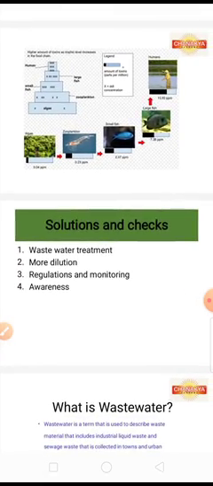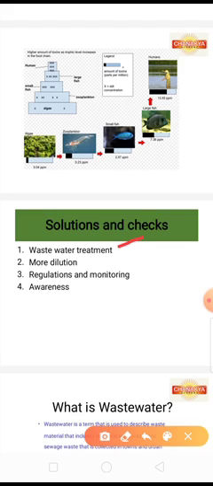Now the next topic, that is solutions and checks: how we can stop water pollution. We have to stop water pollution, yes, because you know that only 1% of water is being used by humans. So how can we do it?